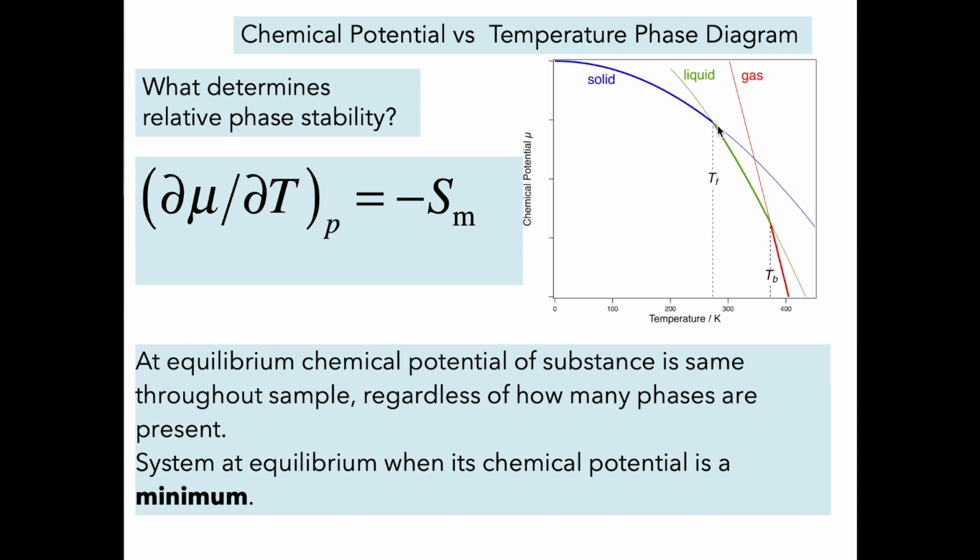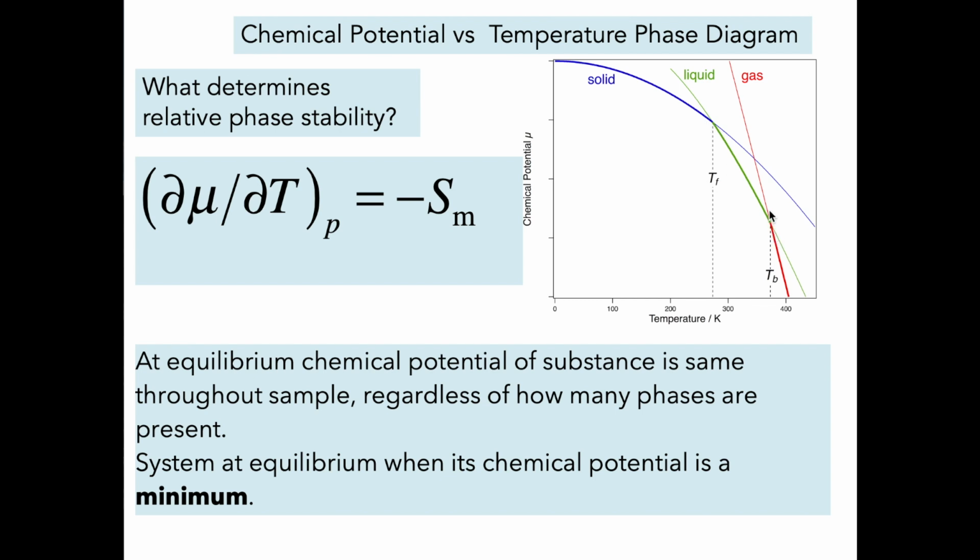But as we increase the temperature even further, the system has to switch over to the liquid chemical potential curve, and then it will continue to decrease at a somewhat greater slope now because the molar entropy of the liquid is greater than that of the solid, until, boom, we get intersected by the gas phase curve. This is a normal chemical potential versus temperature phase diagram where the boiling point is higher than the melting point, right?